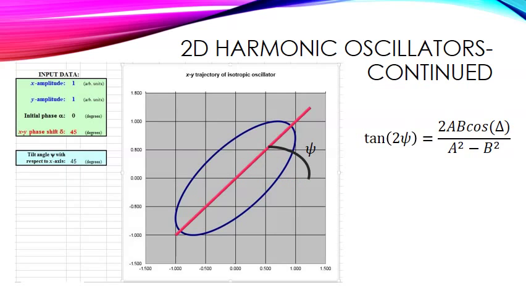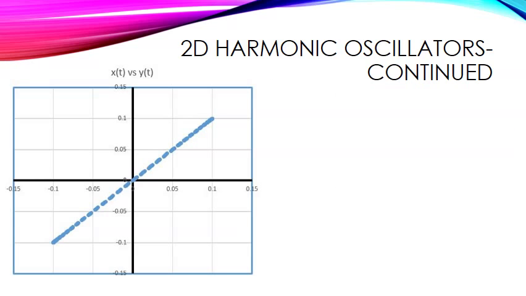And this gives you an angle of phi with respect to this x-axis. So by looking at these graphs, you can determine some of the parameters of the oscillatory system, like amplitudes, how one period is related to another, or how one natural frequency is related to another, and that will allow you to relate to k's. So let's look at some more cases. Here's one where we got the straight line. This is what I showed you earlier, if the phase was either 0 or pi.